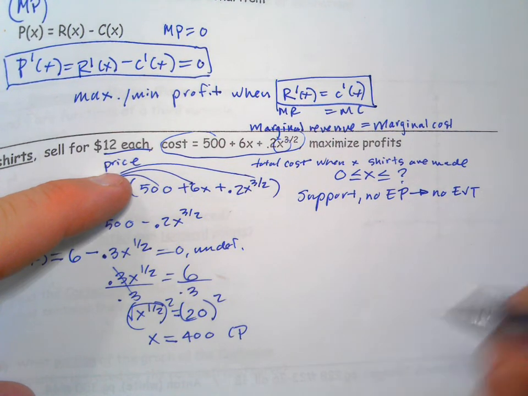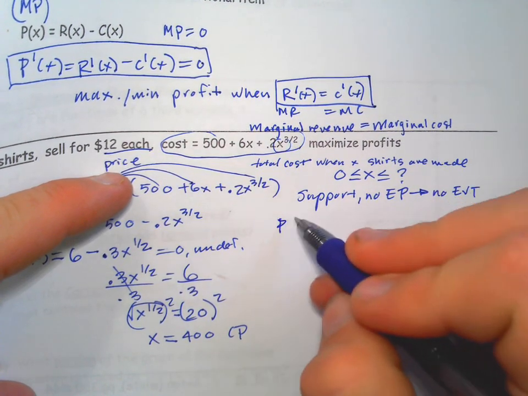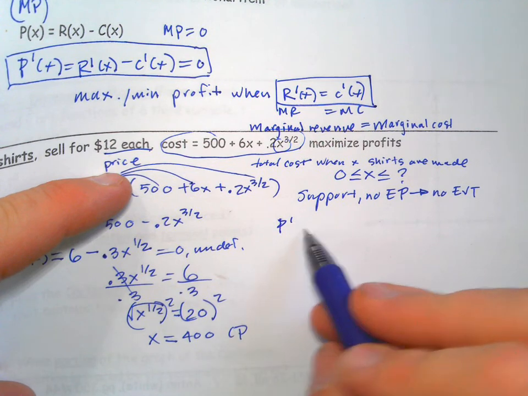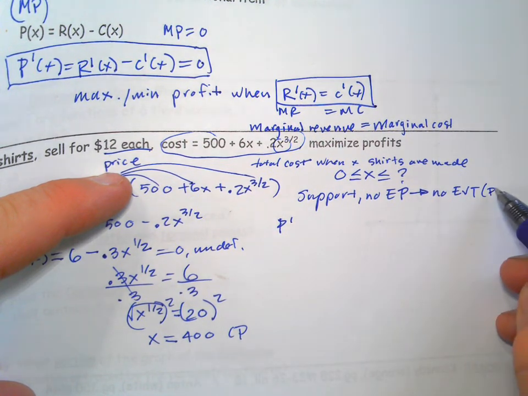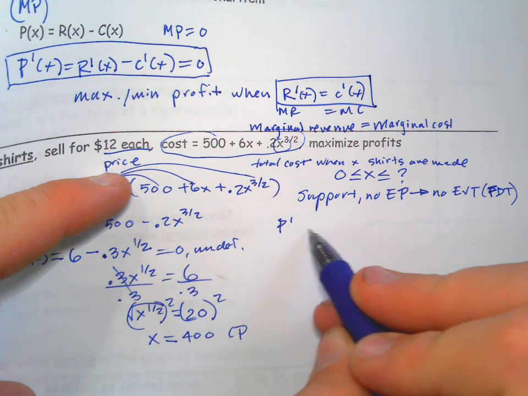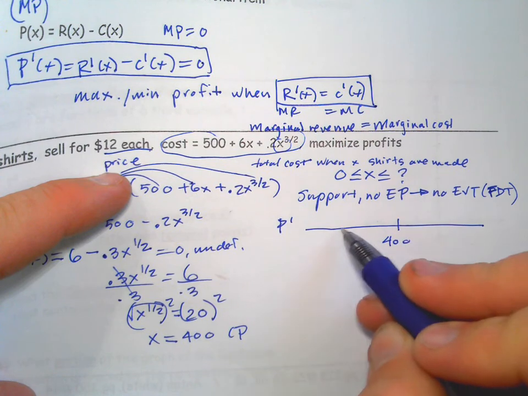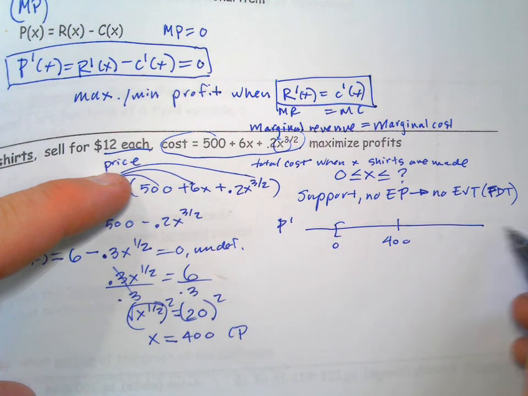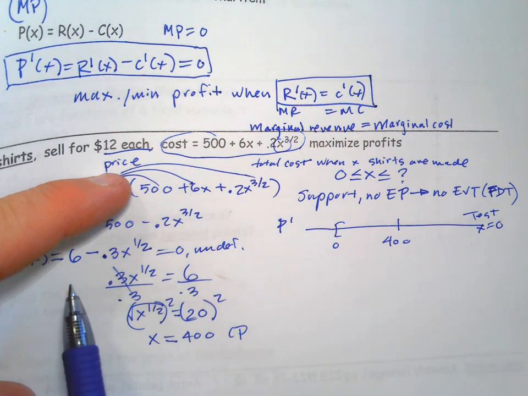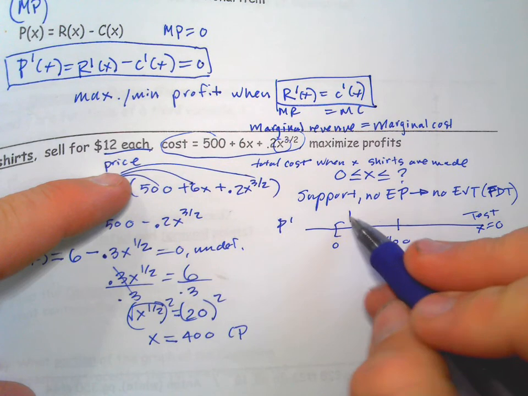I mean, we could try and kind of do a table, but maybe we'll try a first derivative test, FDT, instead. And so we do a line check with P prime, put the critical point on it. I mean, we could say 0 is definitely an endpoint. Test a point, x equals 0. Why not? If you plug in, the derivative is positive, then negative.